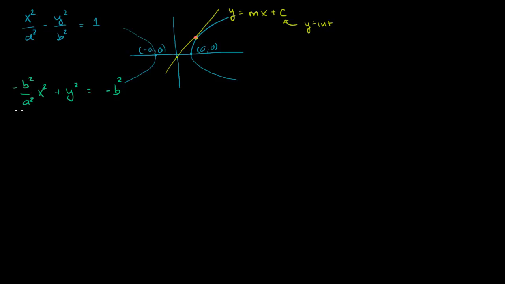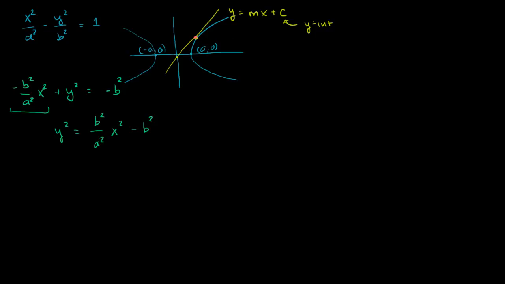And now let's add this thing to both sides of this equation. And we get y squared is equal to b squared over a squared x squared minus b squared. So I just rewrote the equation for the hyperbola. And let's also write this in terms of y squared, and then we can set them equal to each other.